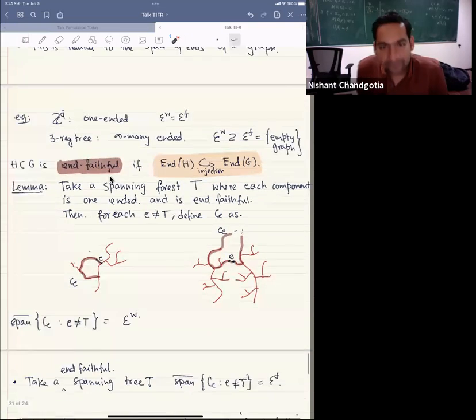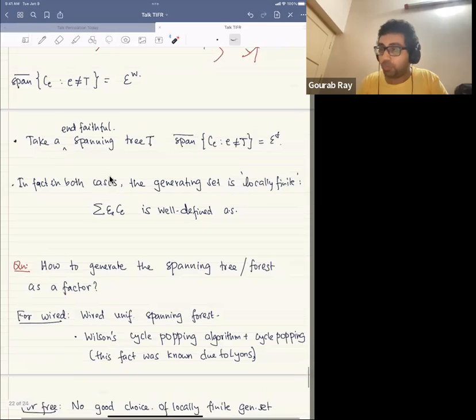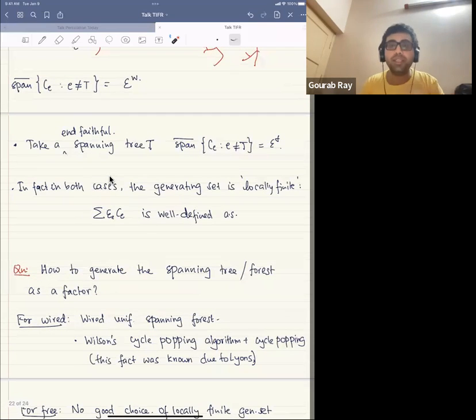But let me just push forward to the punchline. So the point is how to generate a tree as a factor of IID, which will give us this locally finite generating set. That's really, in the end, after understanding these even subgraphs a bit better, what it boils down to. And we choose something called a wired uniform spanning forest.